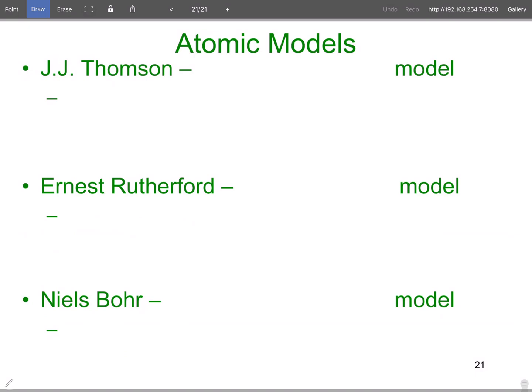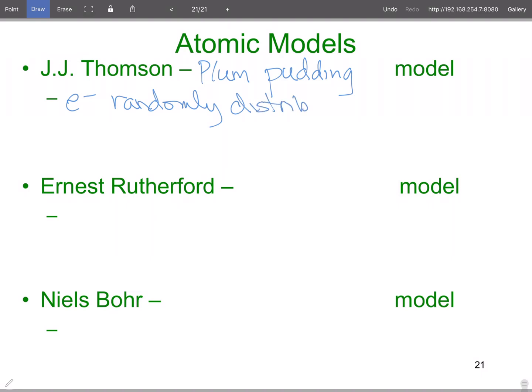So if we go back to the atomic models, the first one, remember, was the plum pudding. And that was where you have the electrons randomly distributed in a cloud of protons and neutrons.